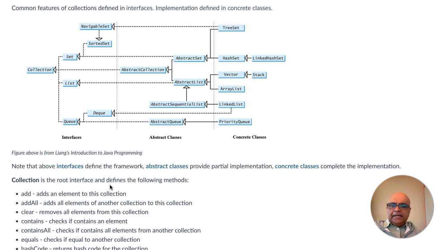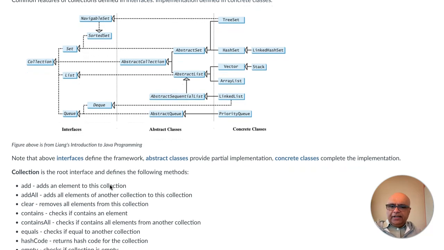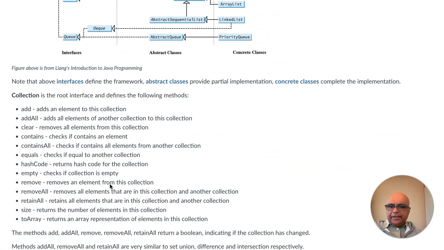So let's go through that very briefly. Here are the important ones that we will talk about. There is add, which, given an element, adds it to the collection, right? Add all is given a collection and adds all the elements from the given collection to the source collection. Clear removes all elements from the collection, empties it out.